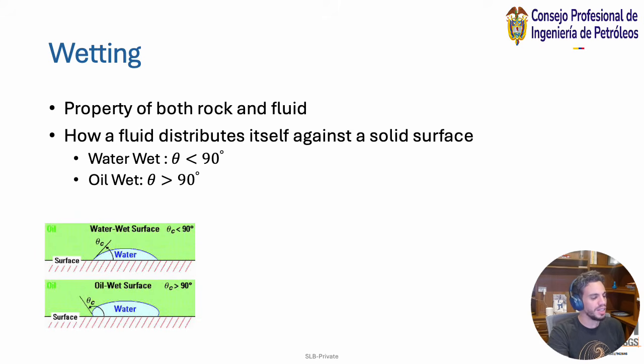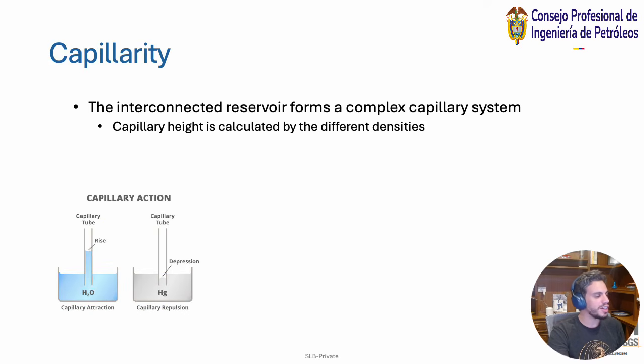It becomes very important because when we talk about wettability and capillarity, that's defining the connectivity we have in our given pore medium, right? Capillarity is the interconnected reservoir which forms a complex capillary system, and in reality they do. You have big pores, and then you have small channels in a pore space or medium when it comes to oil and gas, and you want to be able to understand the different types.